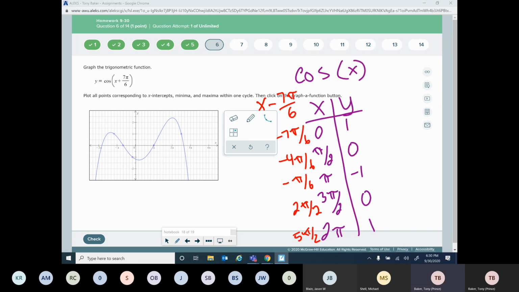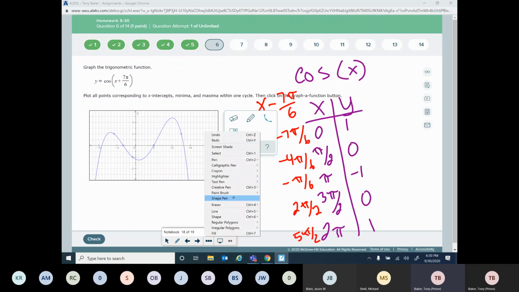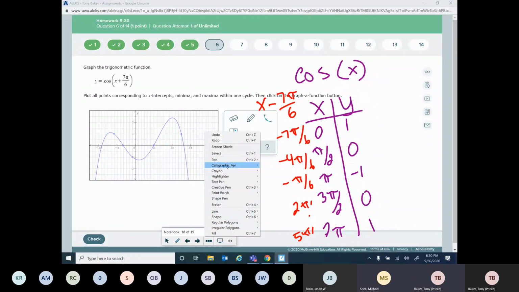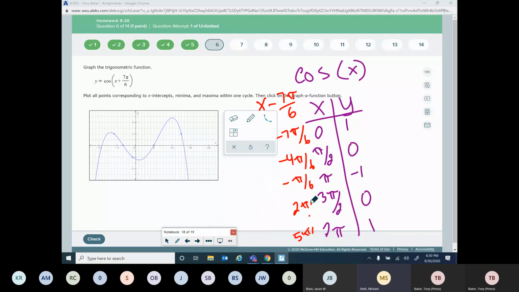Oh, that's the mistake. For some reason, I started doing 2s on the bottom instead of 6s. Good catch. So that should have been over 6 and over 6.